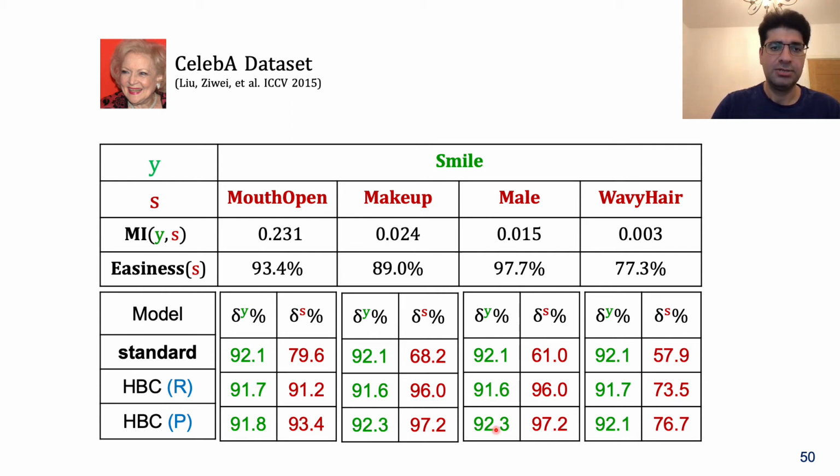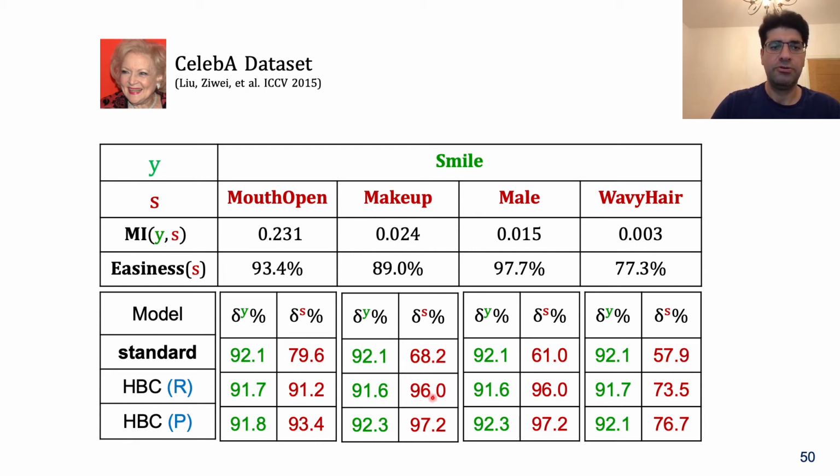So in terms of honesty, we can achieve a very close accuracy to the standard classifier. But for the sensitive attribute in terms of curiosity, the output of a standard classifier is not too much informative about the sensitive attribute. In fact, it depends on the correlation between the target and sensitive attribute.